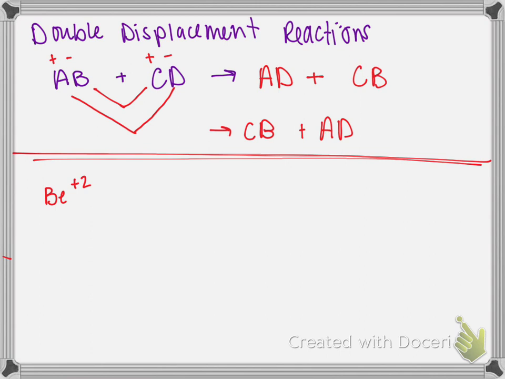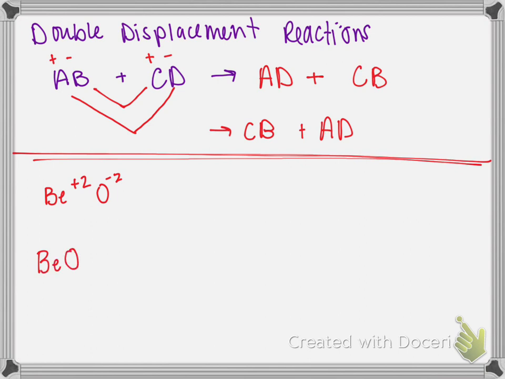What's the anion version of oxygen actually called? Oxide. So oxide is minus 2. How am I going to put those together into a compound? Is it going to be Be2O2? It's just BeO. They're going to go together perfectly. So my first reactant is beryllium oxide, BeO.